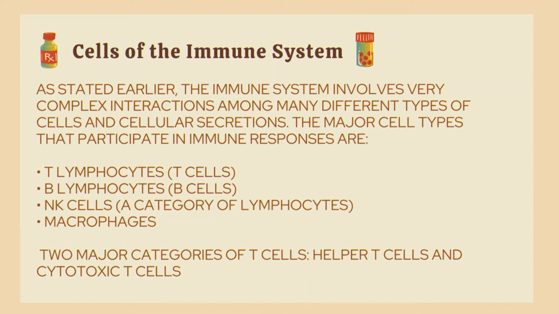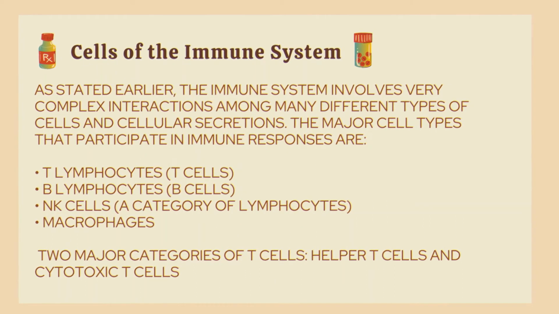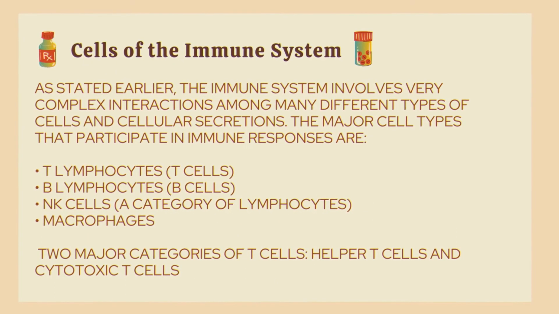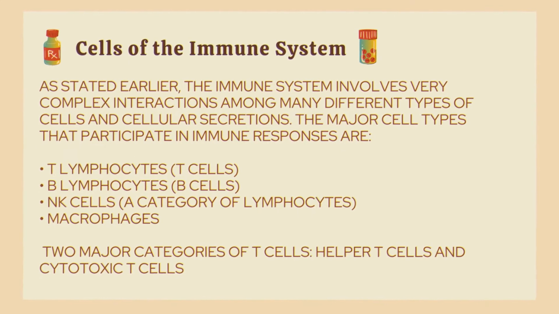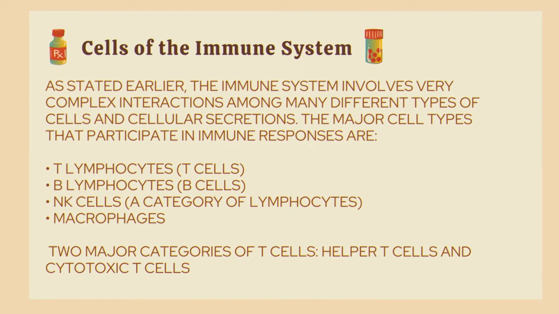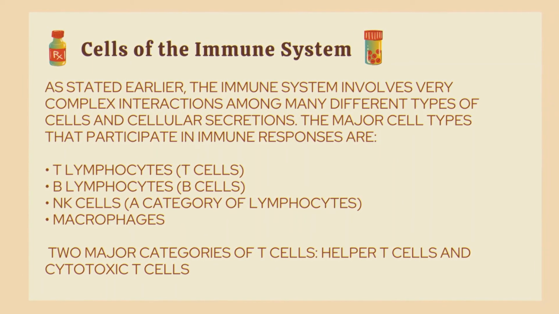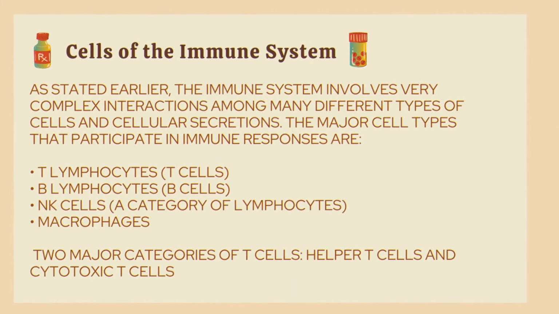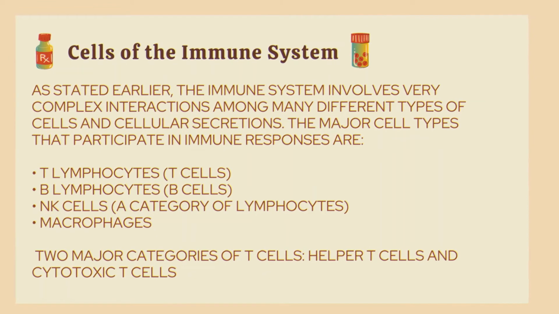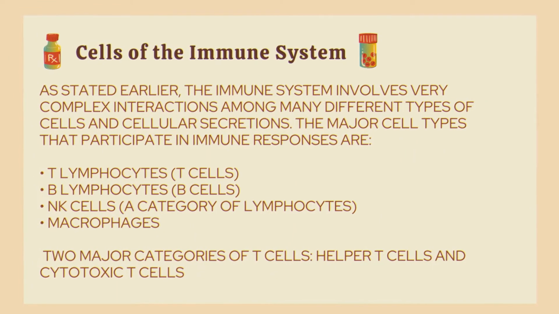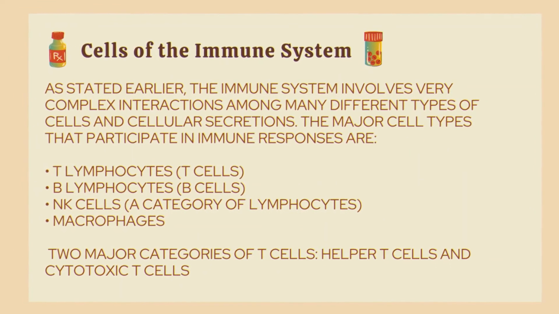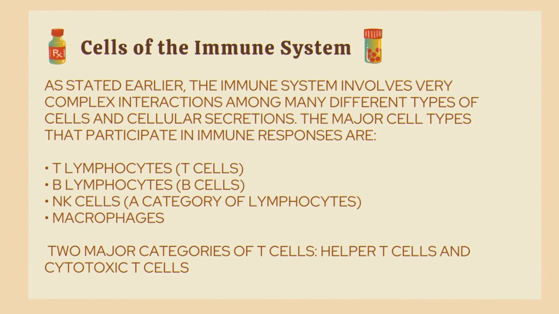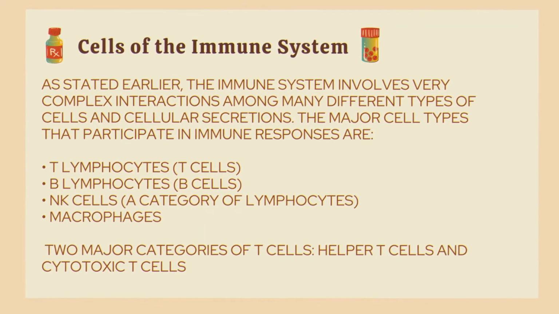The immune system. As stated earlier, the immune system involves very complex interactions among many different types of cells and cellular secretions. The major cell types that participate in immune responses are: number 1, T lymphocytes or T cells; number 2, B lymphocytes or B cells; number 3, NK cells, a category of lymphocytes; number 4, macrophages.